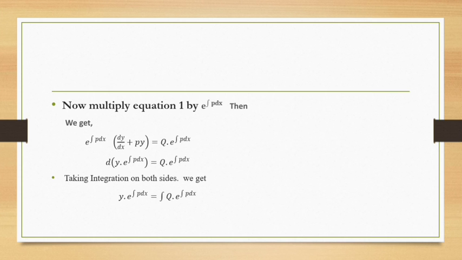We get the derivative of y·e^(∫P dx) = Q·e^(∫P dx). Now taking integration on both sides, we get y·e^(∫P dx) = integration of Q·e^(∫P dx) dx. This is the solution of the linear differential equation.